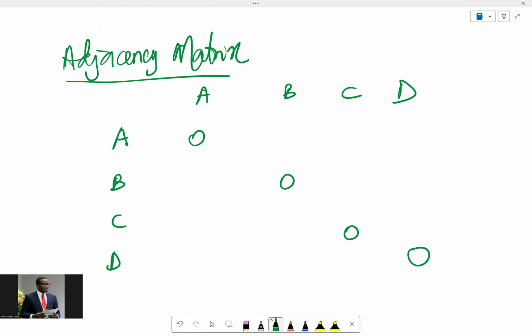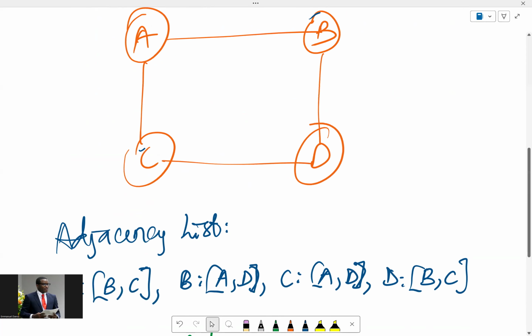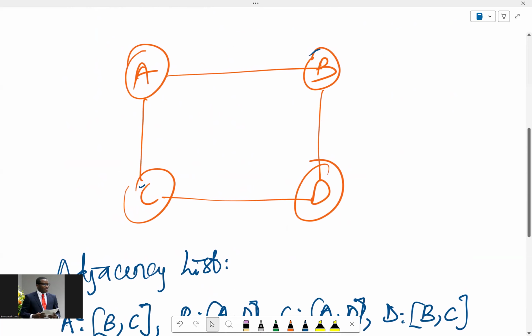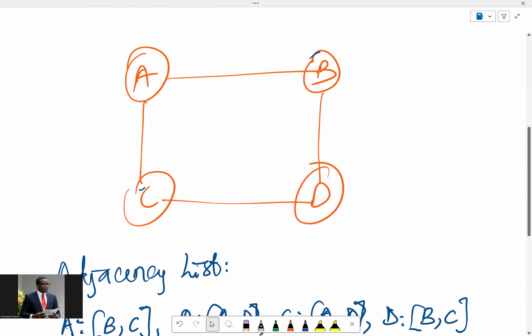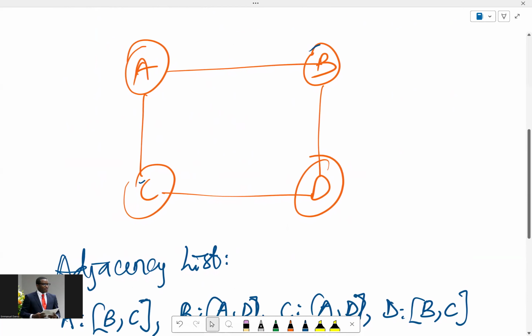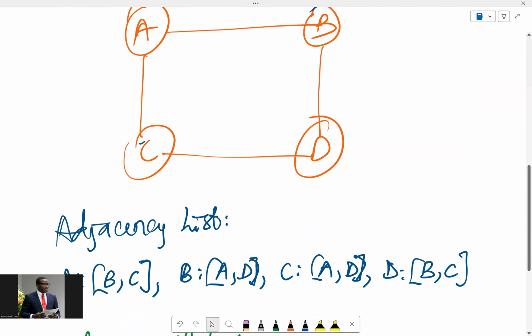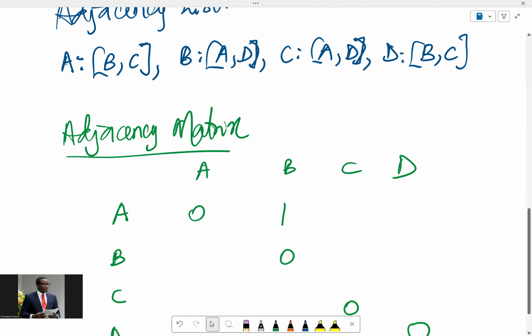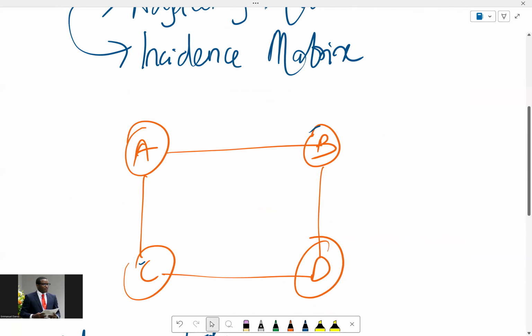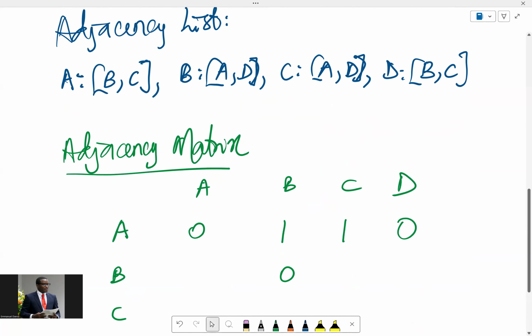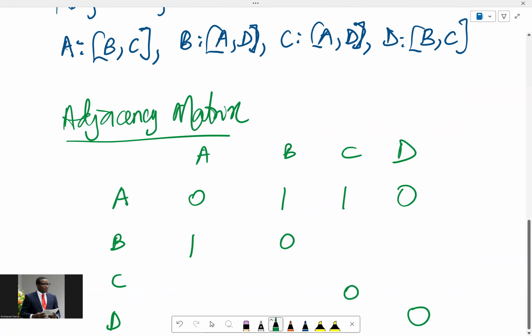Any two vertices that have a line joining them will be one. A and B has an edge joining them, so AB will be one. Then A and C also has, so this will be one. Then A and D doesn't have, so that will be zero. Then B and A, of course, A and B means B and A, so we just have one.